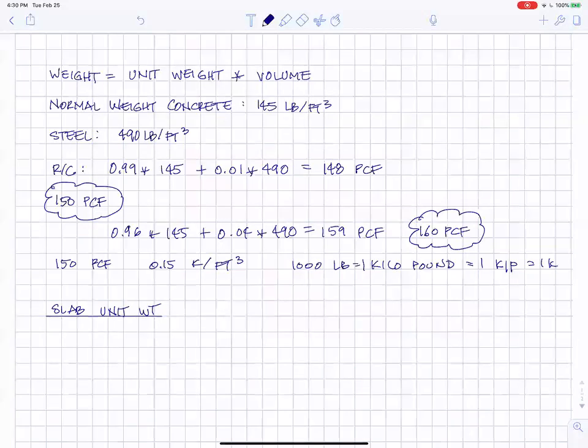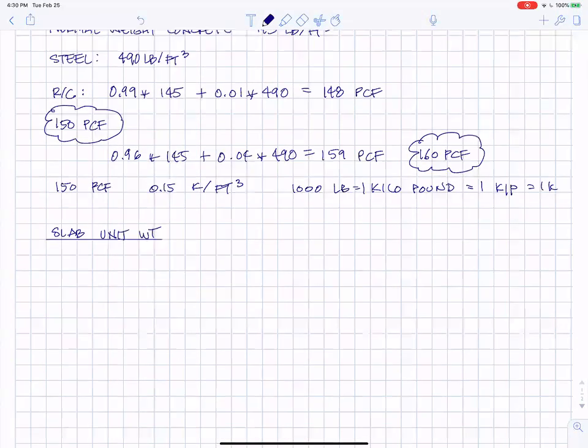Typically on a slab, you want to know the load per unit area. You want to know weight per unit area. And the unit area in imperial we use is a square foot. So we want to know the weight per square foot of slab. So let me try and draw that.